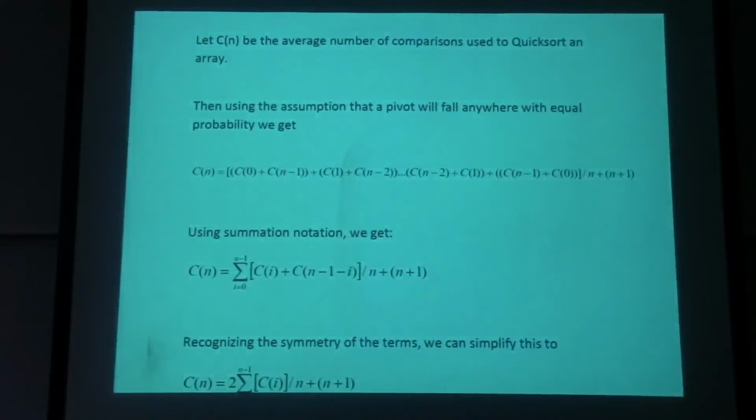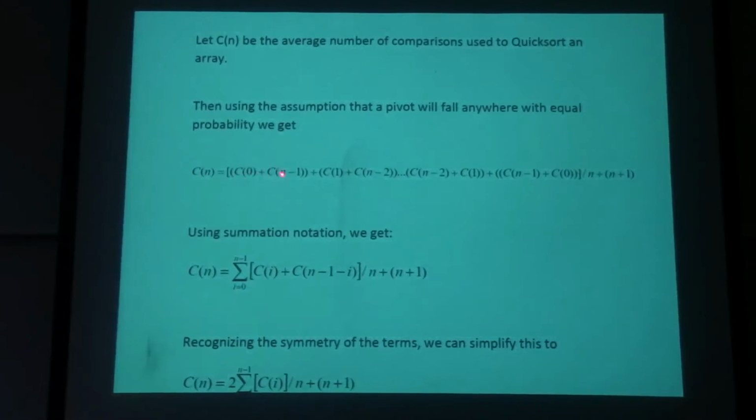This recurrence says that C of n, the average number of comparisons, is going to equal the average of C of 0 plus C of n-1, plus C of 1 plus C of n-2, plus dot dot dot, plus C of n-2 plus C of 1, and C of n-1 plus C of 0. With the ellipsis, I've simply looked at all the possible things that can happen. C of 0 is when the pivot goes to its initial spot, so I have n-1 on the right. Here the pivot goes into position 2, so I have 1 on the left and n-2 on the right. What's the next one that I missed here in the ellipsis? What's the next one?